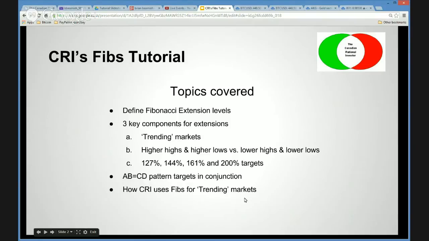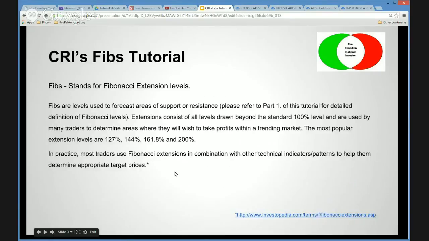So we'll take a look at that. And then finally, for this part, we're going to look at how I use the fibs and those extension levels for identifying targets in a trending market. I'm a big fan of layering indicators and using confirmation, and so you'll see how all of them work together. All right, so moving right along.